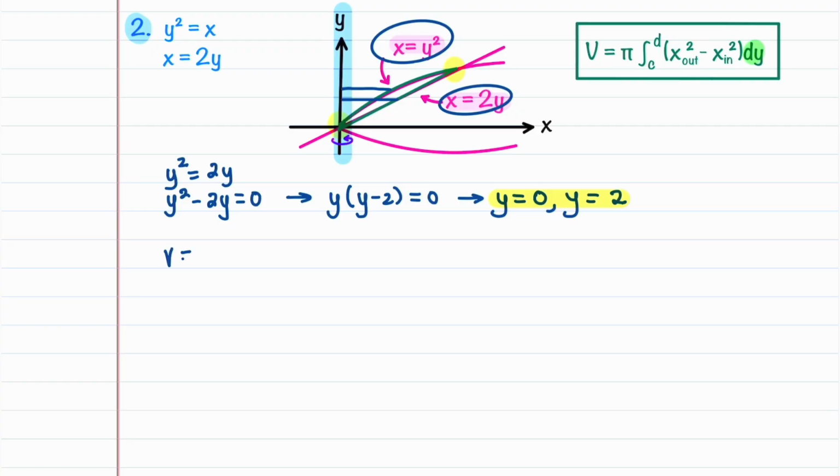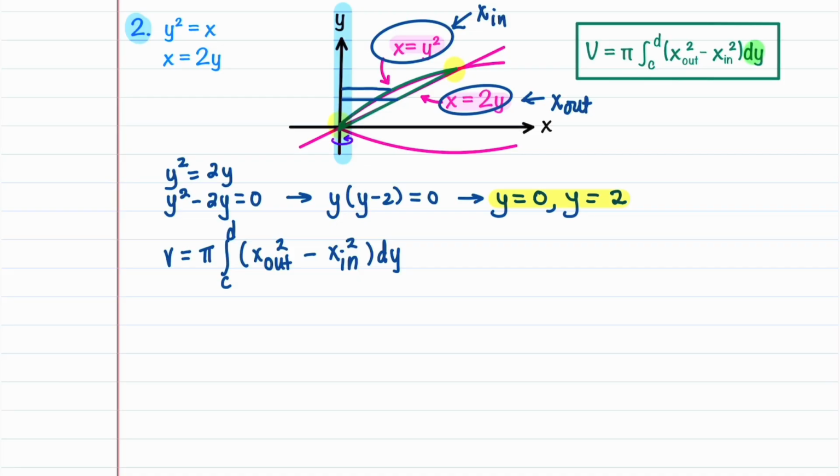Our formula is V is equal to pi times the integral from c to d, our outer radius squared, which is x out squared, minus our inner radius squared, x in squared, times dy. Let's go up here and label this as x out, and we'll label this one as x in.